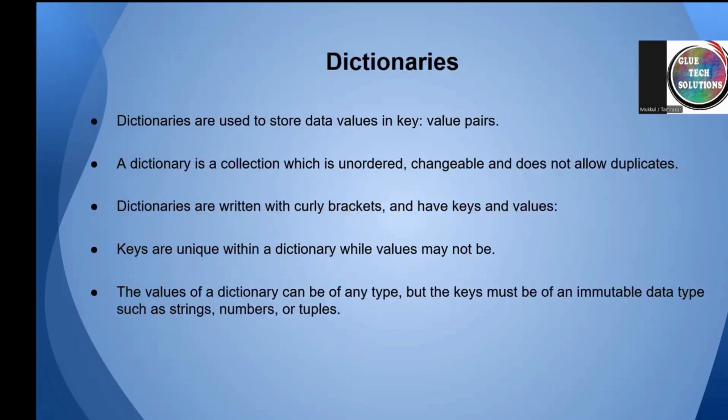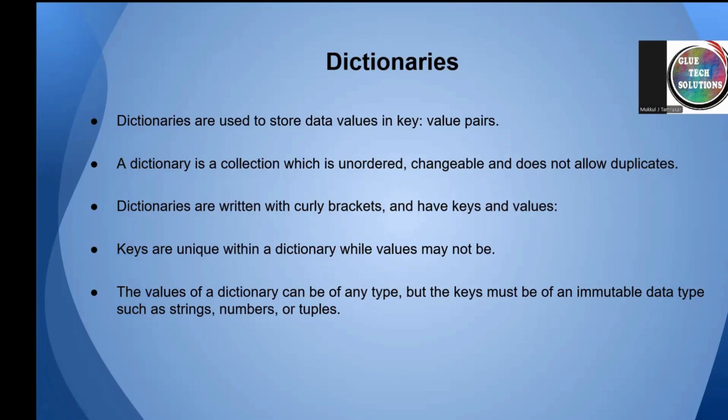Then comes your dictionary. Dictionaries are basically used to store data in pairs. It is a pair of key and value, and the key and value pair is separated by a colon sign. You can see this is the colon sign. A dictionary is a collection that is again unordered, it is changeable, and it does not allow duplicates.